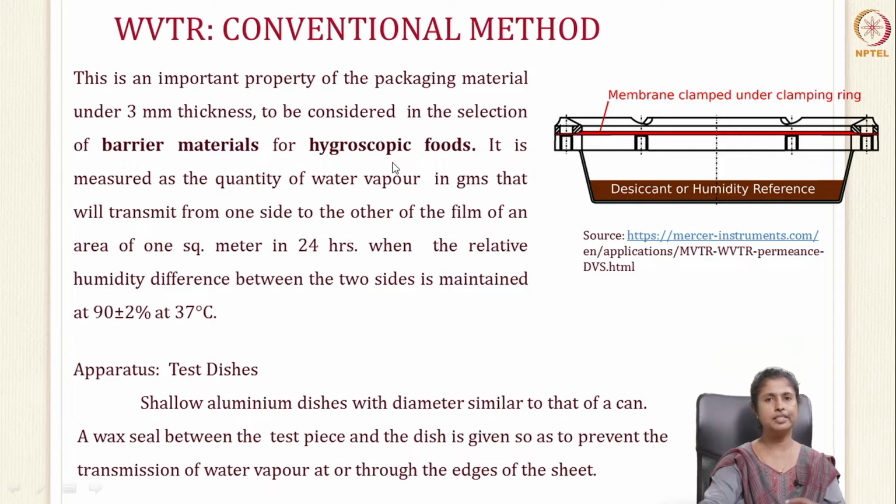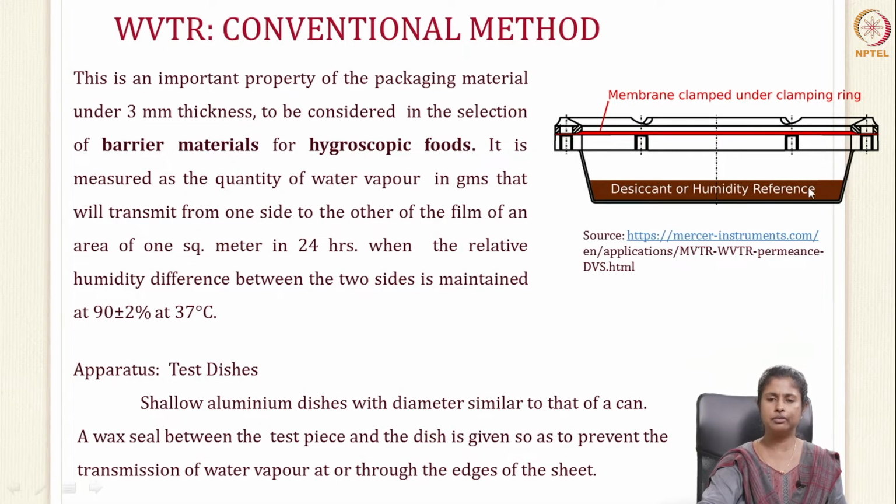What you'll do is take shallow aluminum dishes, whose diameter is usually similar to that of a can. You'll wax seal it and keep your packaging material just above the dish, where you will have a desiccant. This picture, which is taken from the mentioned source, shows clearly how it is done.